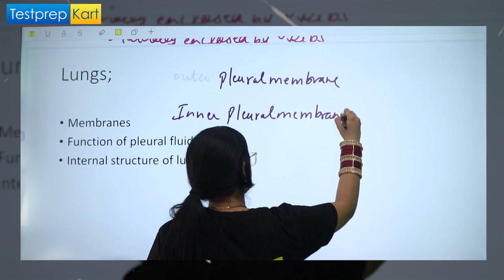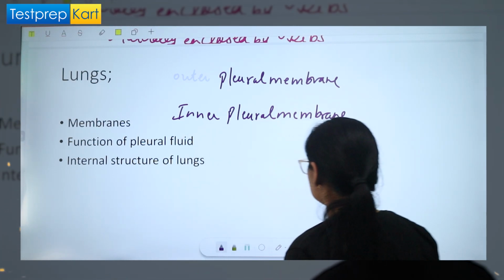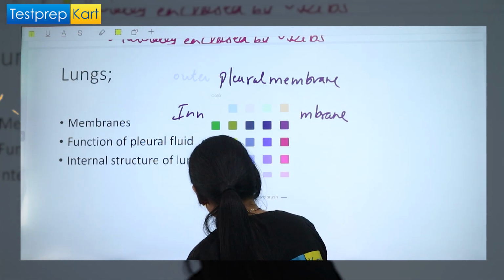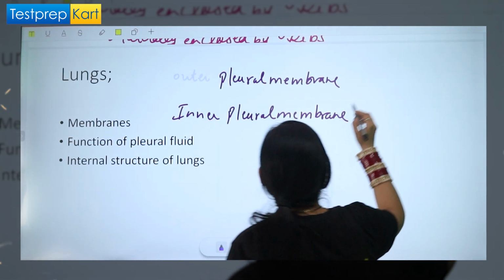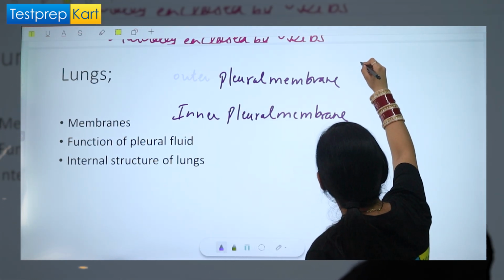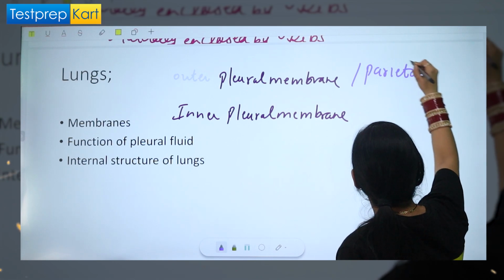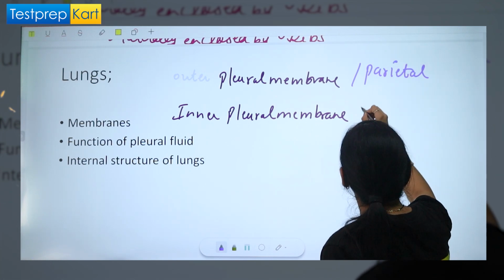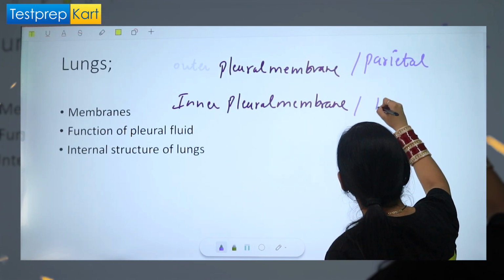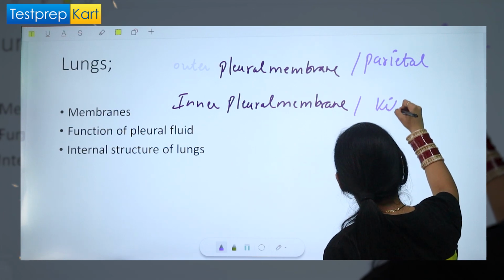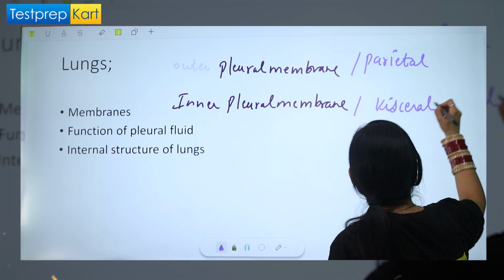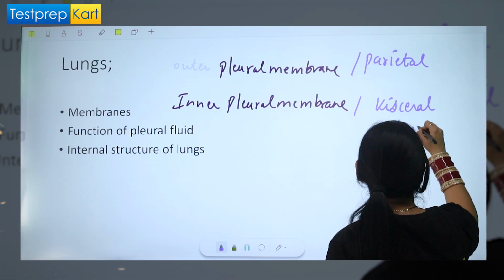Outer pleural membrane is also known as parietal membrane, and inner pleural membrane is also known as inner visceral pleural membrane.